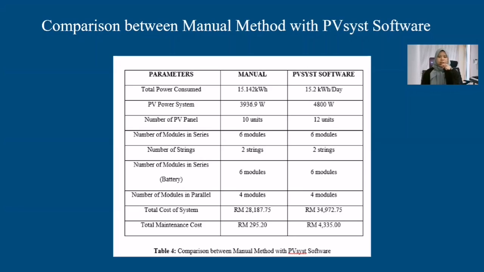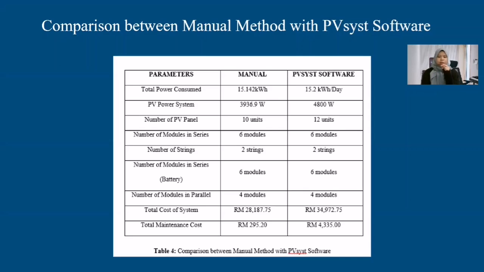The total cost of the system, if we calculate manually, is 28,187.75 ringgit Malaysia, and if we run the simulation, we get 34,972.75 ringgit Malaysia, because the simulation includes building insurance, so the total cost of the system is quite large compared to the manual calculation.